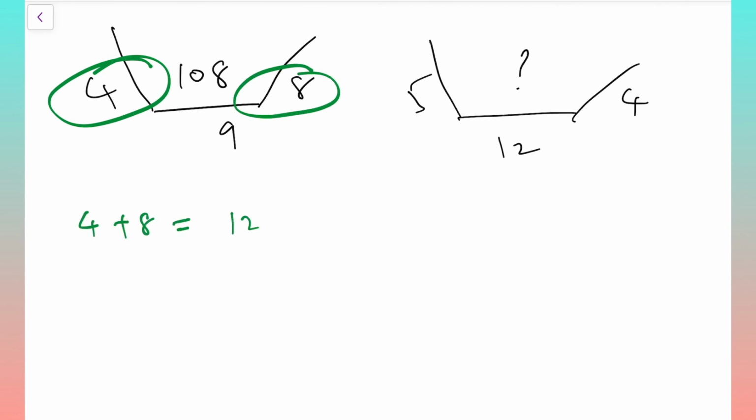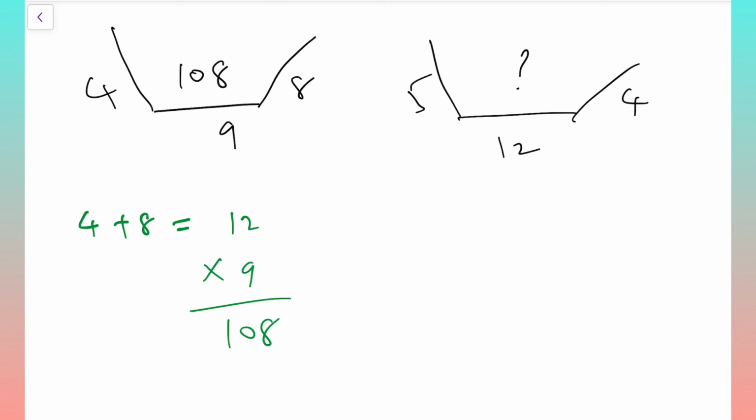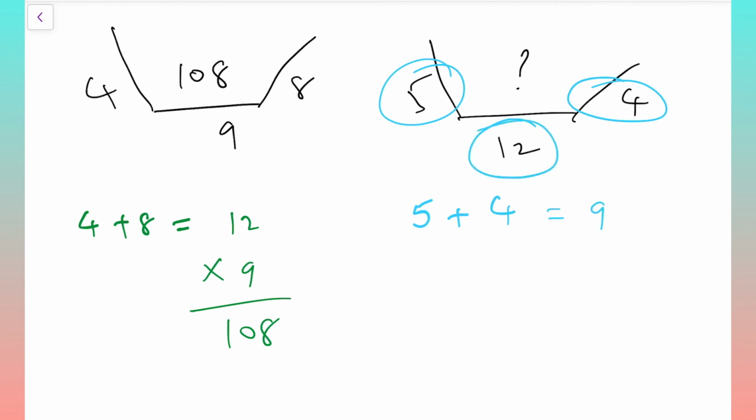For that number 12, if we multiply by 9, 12 9s are 108, which is the middle number. Here also the same then. These two numbers we need to add first, that is 5 plus 4, it is 9. That 9 we need to multiply with this number. 9 into 12, 108. So here the missing number is 108 only.